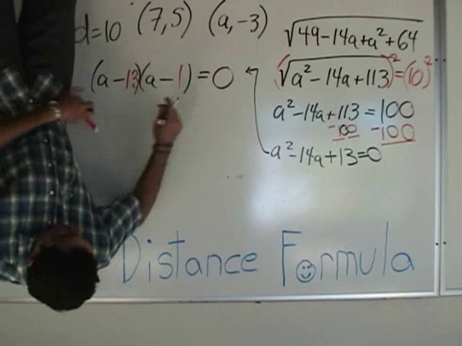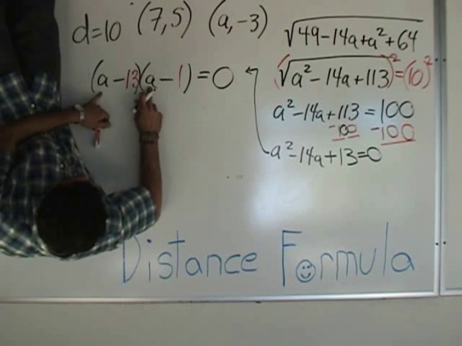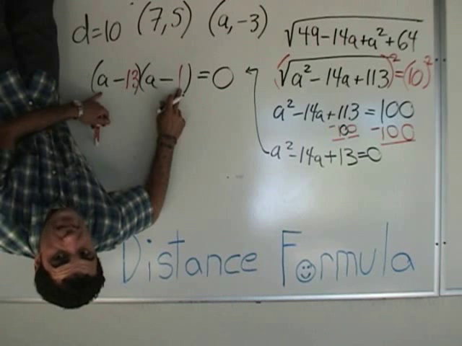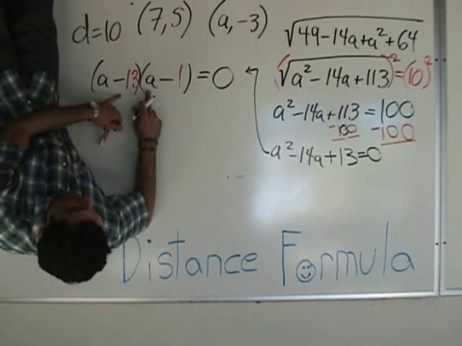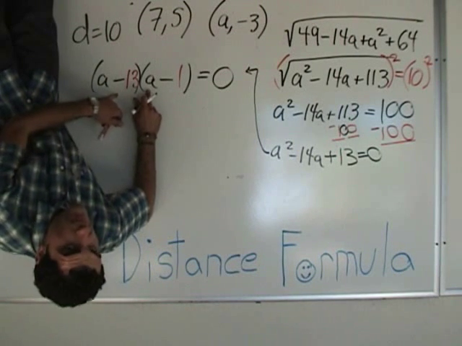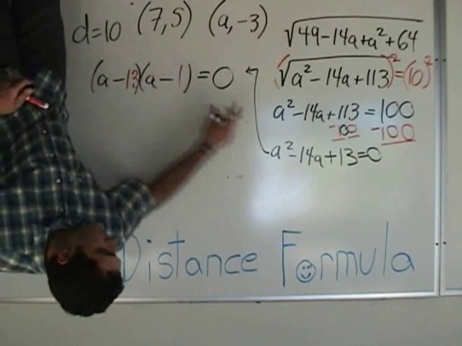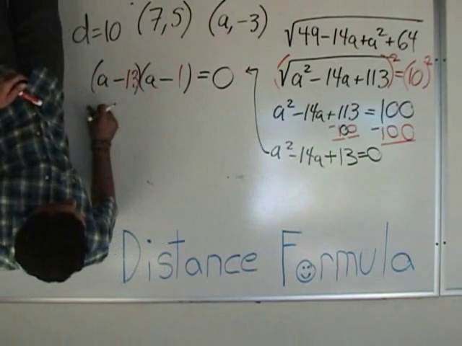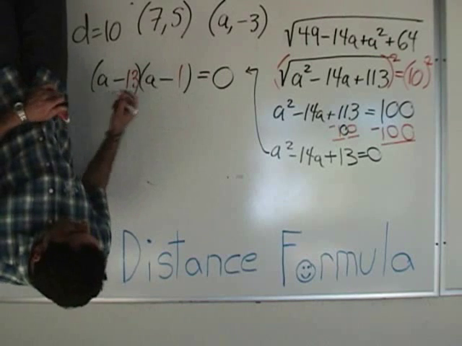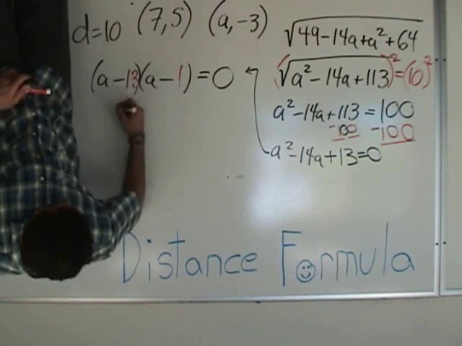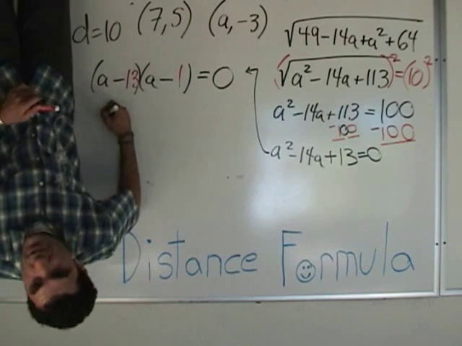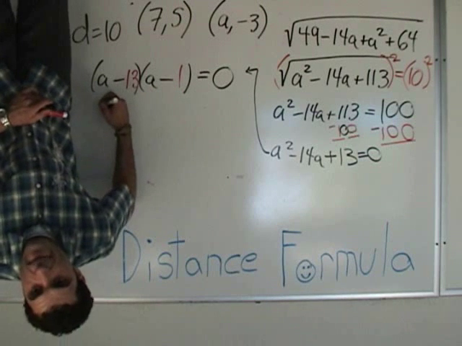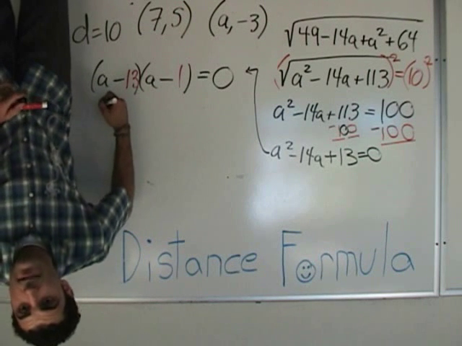Think about it. Let's FOIL really quick. a squared minus a minus 13a. So minus a minus 13a is minus 14a, and plus 13. Okay, so what are the two values of a here? 13 and 1. Questions? I'll second it.